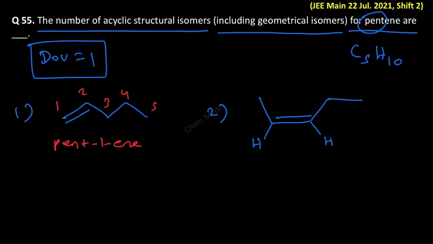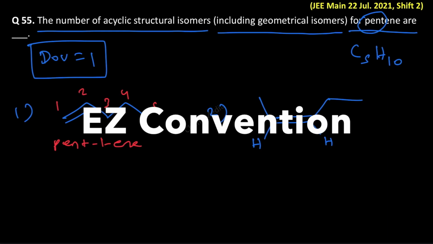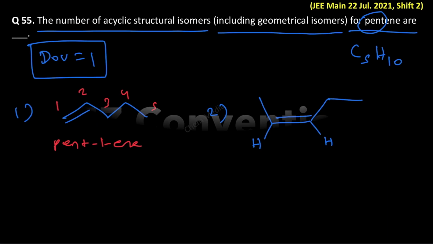But I prefer the EZ convention because the EZ convention is much more superior than the cis-trans convention, because around the double bond if you have 4 different groups, then the cis-trans convention will fall apart. So therefore the EZ convention is much more preferred. We know that as per Cahn-Ingold-Prelog rules, carbon will get top precedence compared to hydrogen because the atomic number of carbon is higher than hydrogen.